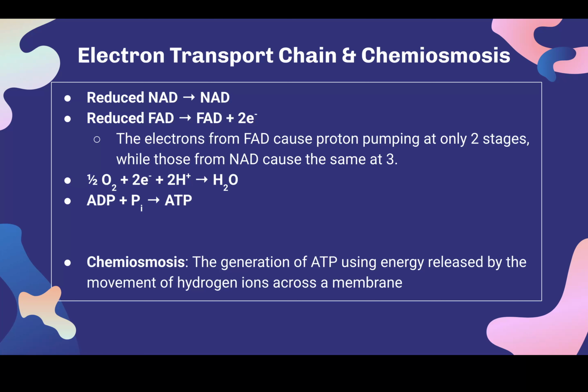Reduced NAD will become NAD when hydrogen leaves it, and also, obviously, as a result, energy will also leave. And then that energy allows for the movement of both hydrogen and the electrons.